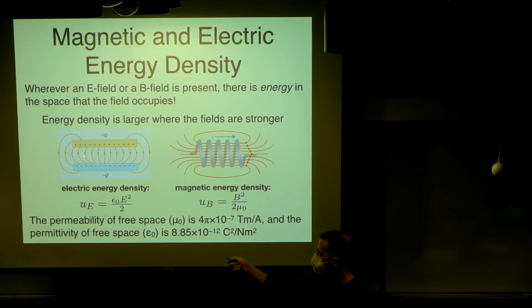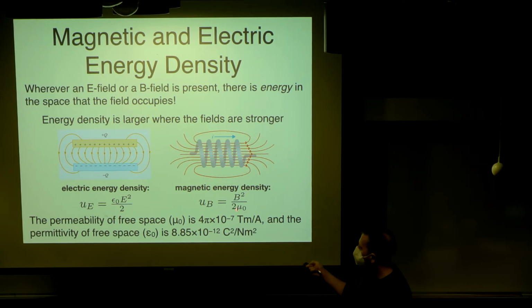We got this derivation from thinking about a parallel plate capacitor, which has an E field in between the plates, and the energy per unit volume that will be present in between the plates. But we saw that this actually applies more generally, just whenever there's an E field. So this electrical energy density, given by U sub E, is equal to epsilon naught times E squared, that's the strength of the E field squared, divided by 2.